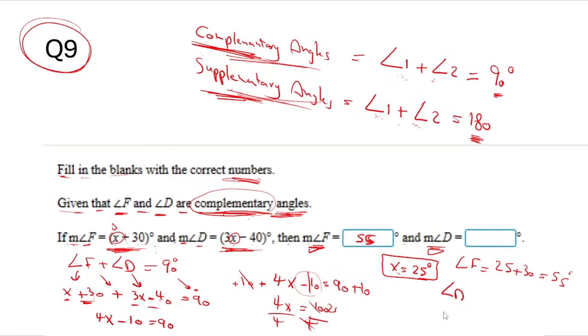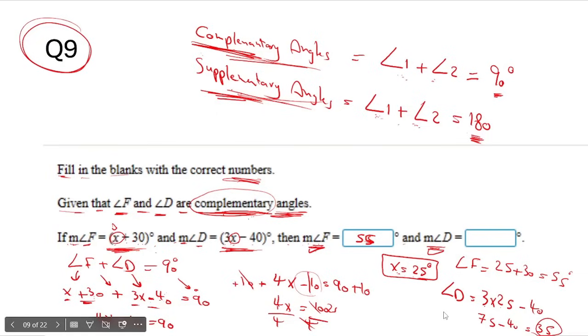Okay, for angle D, let's say 3 multiply 25 minus 40. 25 multiply 3 is 75, minus 40, it would be 35. So this angle will be 35.